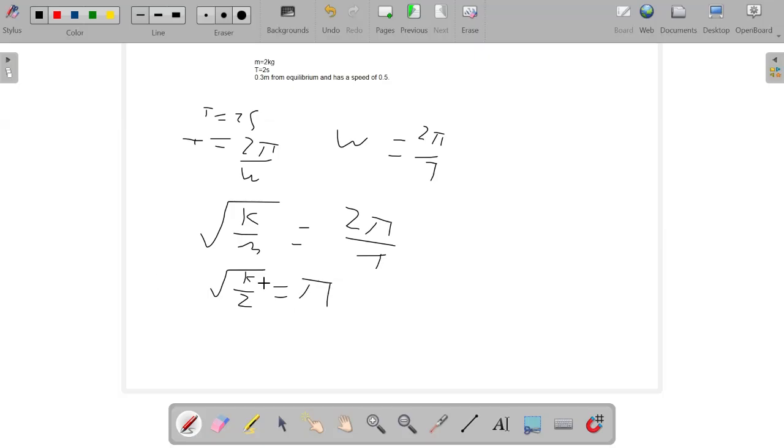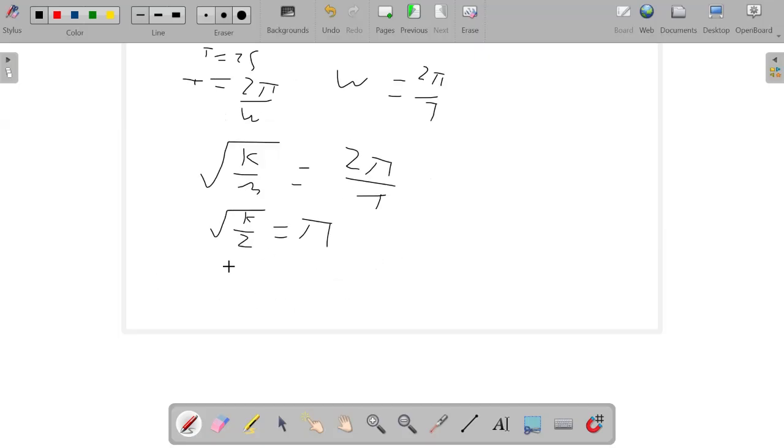So that means we know this. And we can quickly expand this. We get k over 2 is equal to pi squared, or k is equal to 2 pi squared.